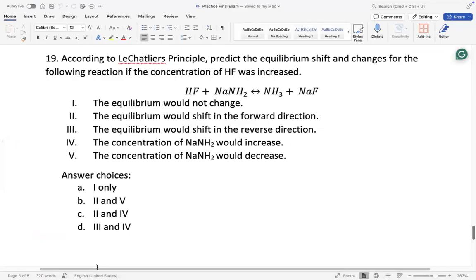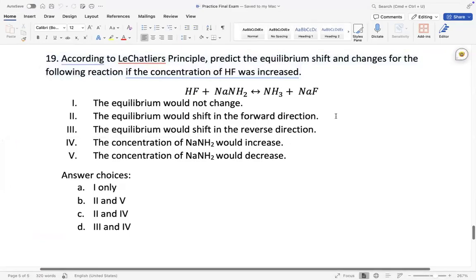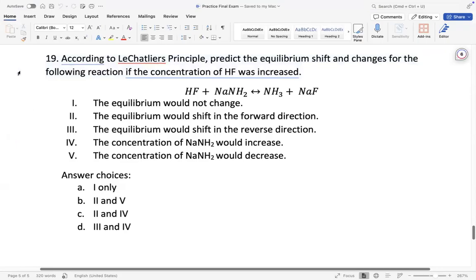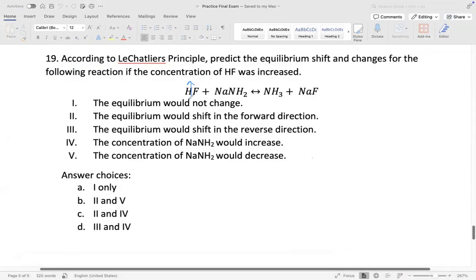According to Le Chatelier's principle, predict the equilibrium shift and the changes for the following reaction if the concentration of HF was increased. All right, so I'm going to find HF, and it's increasing. It's on the left side of the reaction arrow.